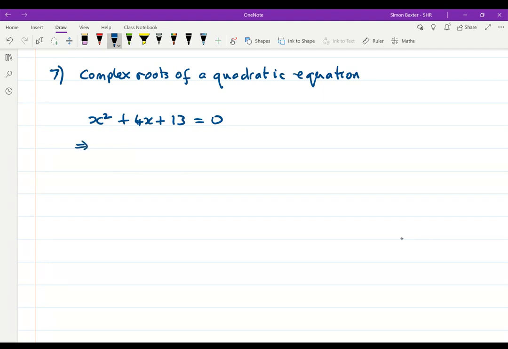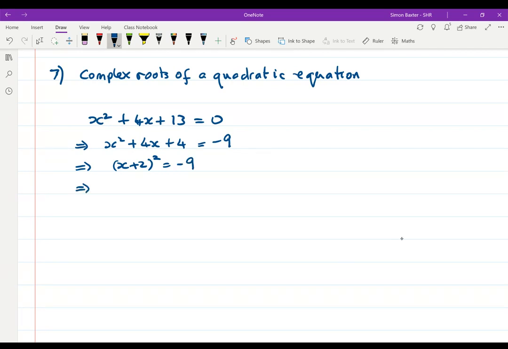Rather than use the formula, I think it's more elegant to complete the square. x squared plus 4x plus 4 is a perfect square. To make 13, we have to add 9. So if we write equals minus 9, we now have the same equation. This side, the whole purpose of doing it, is x plus 2 squared, and this side is minus 9.